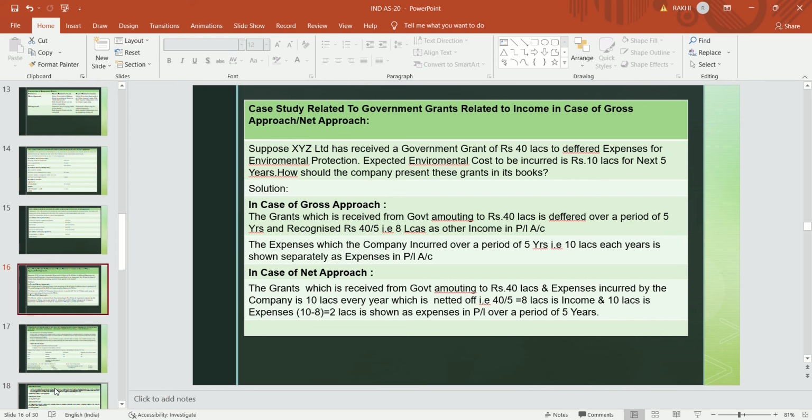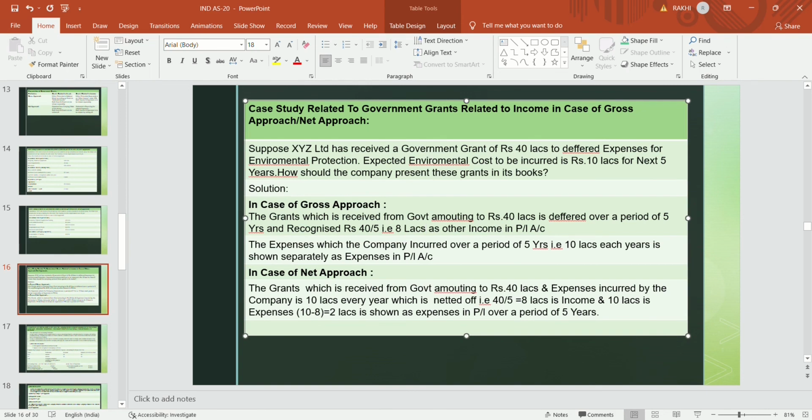In case of the gross approach, the grant received from the government amounts to 40 lakhs. It is deferred over a period of 5 years and recognized as 8 lakhs as other income in the P&L account.